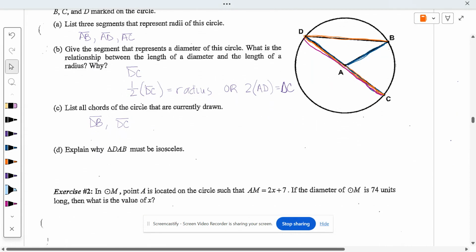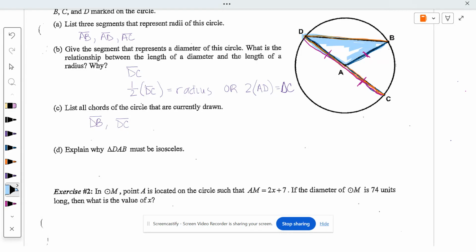Explain why triangle DAB must be isosceles. Well, we know that radii, wherever they're drawn, are congruent to each other. So AB is congruent to AC, is congruent to AD. So if I think of the triangle DAB, I see that I have 2 congruent sides, and that's the definition of isosceles.